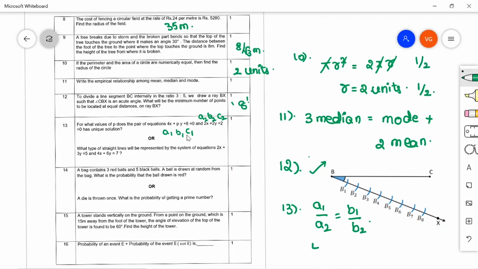So 4 by 2 should not be equal to b1 by b2, that is p divided by 2. The 2 will get cancelled. So p should not be equal to 4. Any value other than p equal to 4 makes the pair of equations have a unique solution.